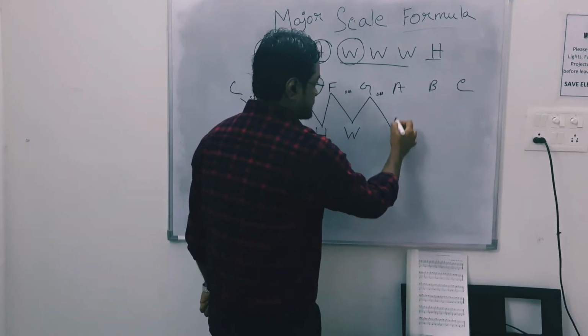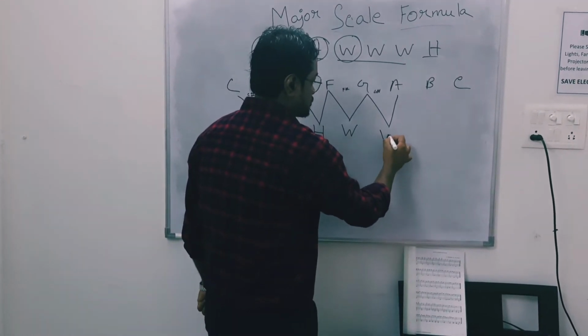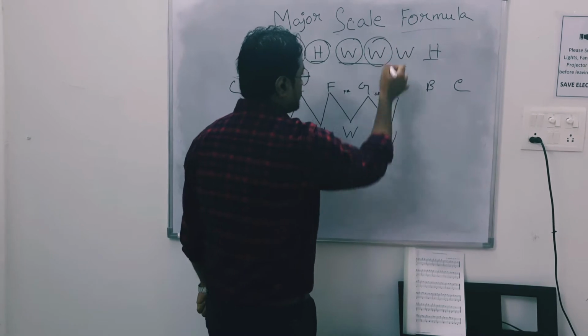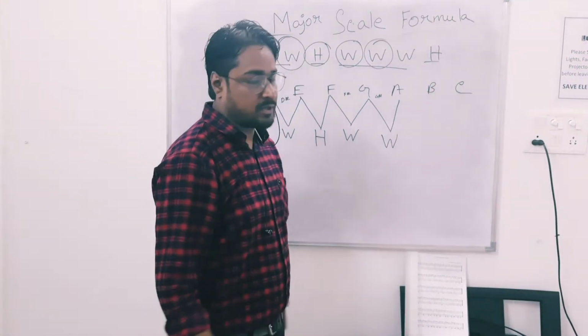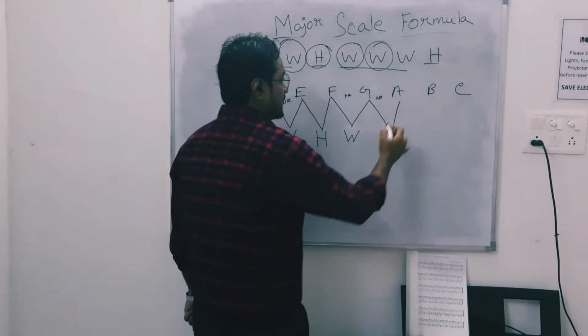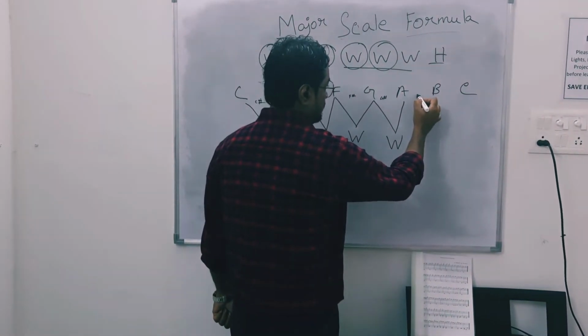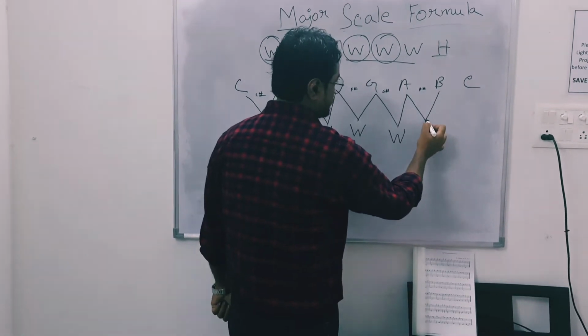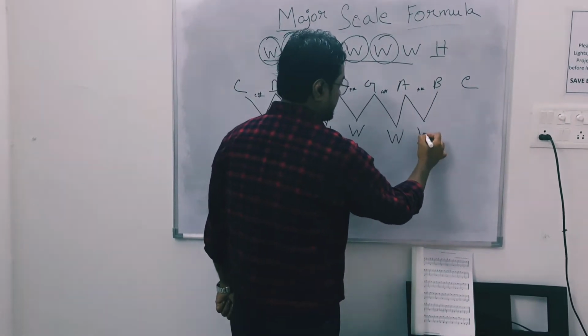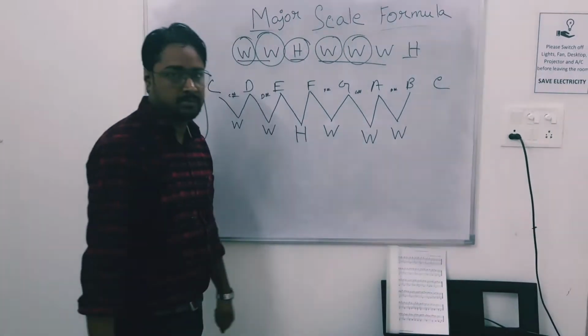Again it is a whole tone or whole step. In between A and B, we have A sharp or B flat. Again we skip it, so it's a whole step.